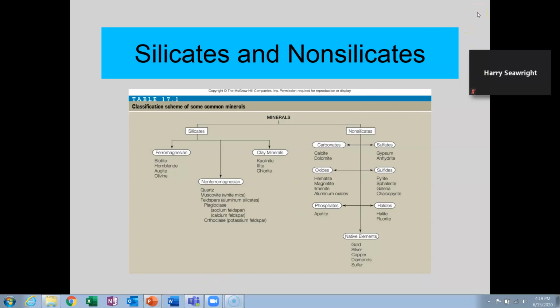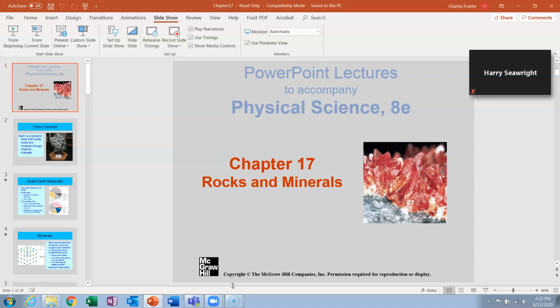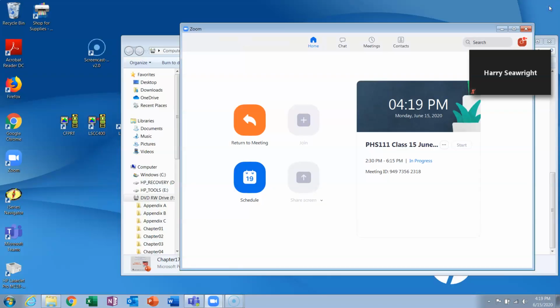I'm trying to end the slide, and I can't seem to get it to stop.